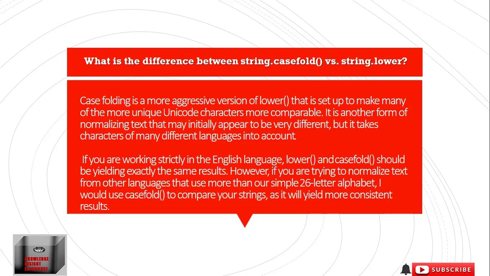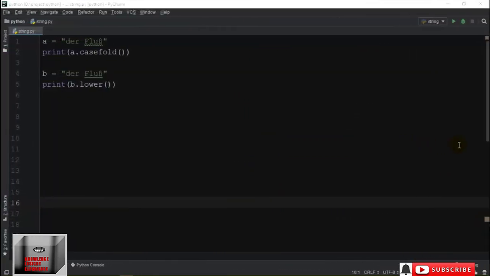The plus in German means the river in English. Take it as an example. Let's see what will happen when I use lower and Casefold method. As you see, I stored the plus in the A and B variables. For A variable, I'm going to use Casefold method, and for B variable, we use lower method.